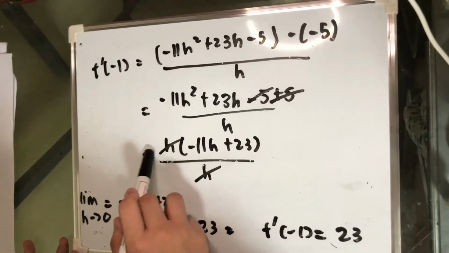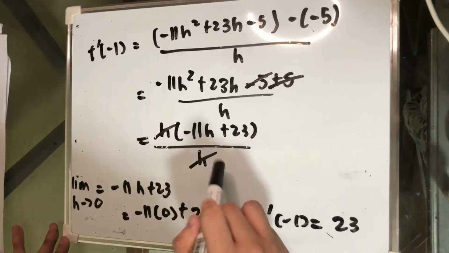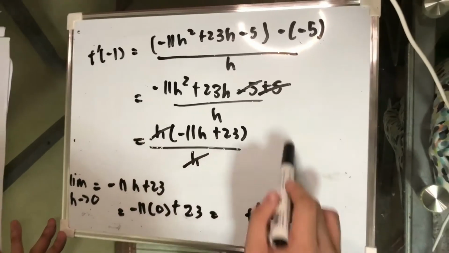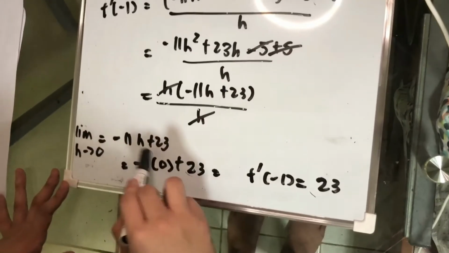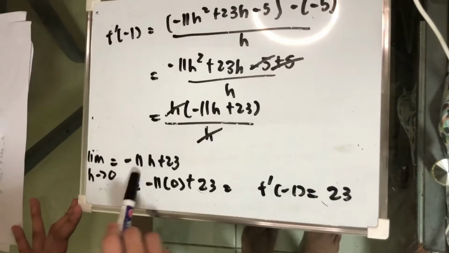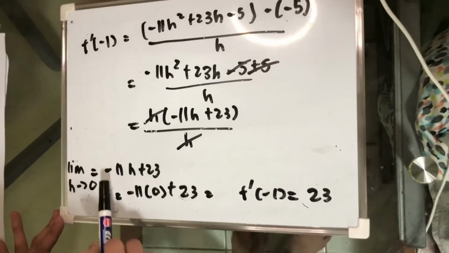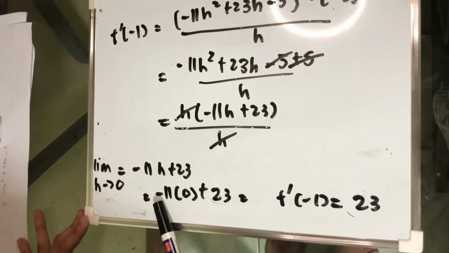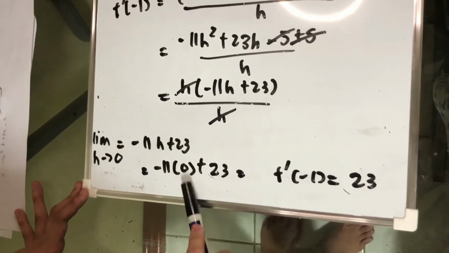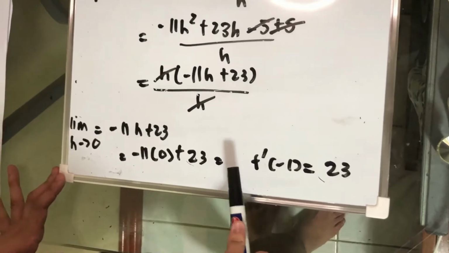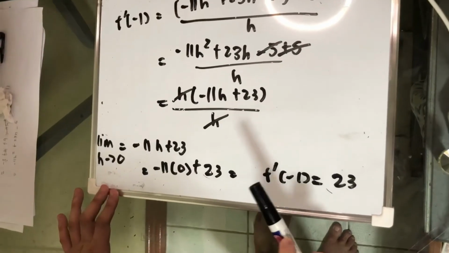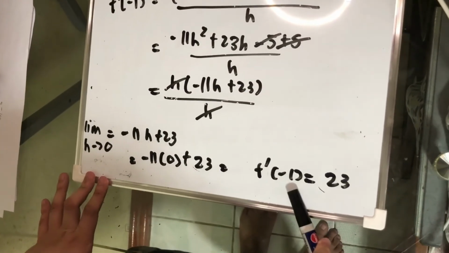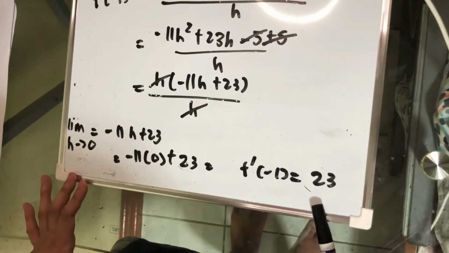This one is in the numerator and this one is in the denominator. So we will have negative 11h plus 23. So let us get the limit of negative 11h plus 23 where h approaches 0. Negative 11 times 0 plus 23. We will derive an answer for f prime of negative 1 is equal to 23.